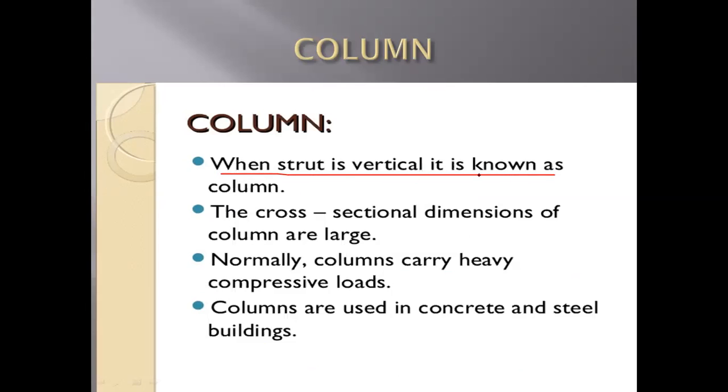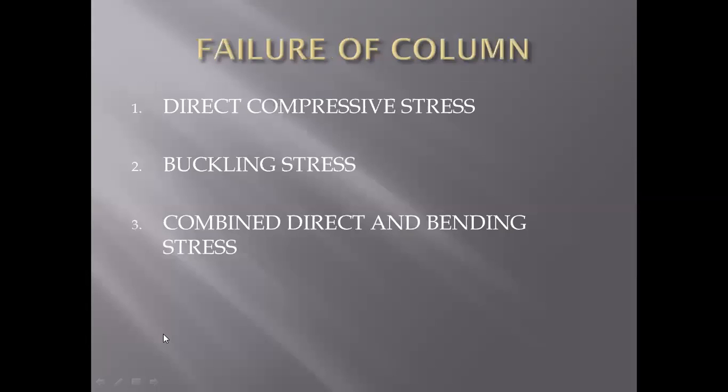When the strut is vertical, it is known as a column. But its cross-sectional area is large. And normally columns carry heavy compressive load, used in concrete and steel buildings. So these are the basic differences between column and strut. If the question comes, what are the differences between column and strut, you have to mention these points.